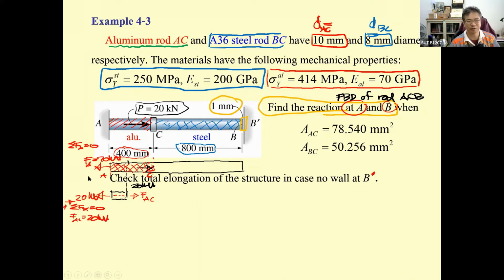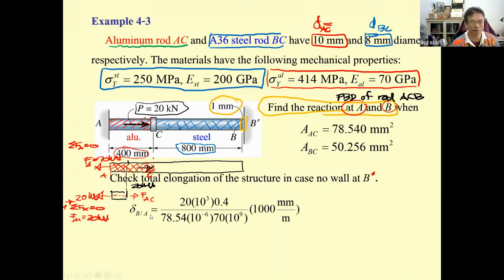Now the deformation of this actually is supposed to be delta C/A. It's going to be C/A. Only this portion. If you cut over here, based on the assumption, there is no force, so this has no deformation.